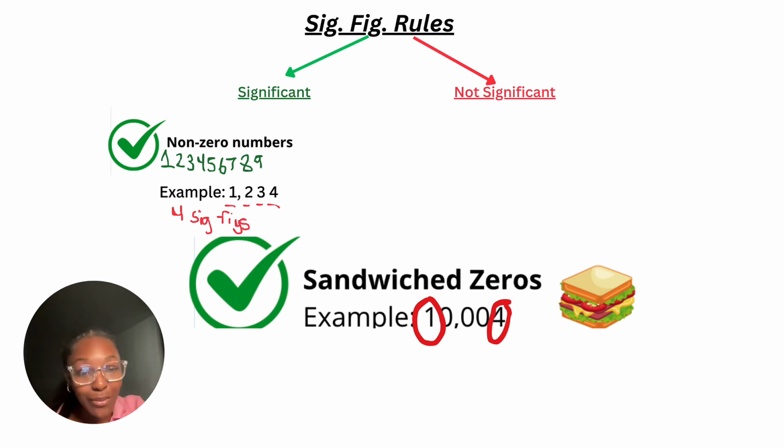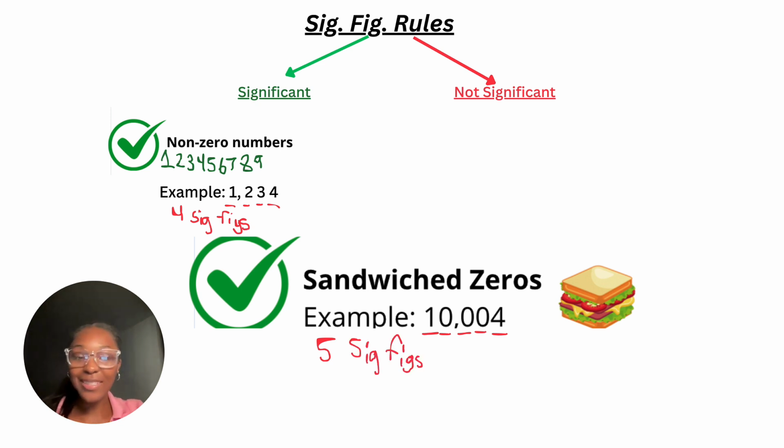And all of those zeros in the middle are sandwiched in between that 1 and the 4. So that means that all of those zeros are significant. So we're going to count each single digit because all of them are significant. So 1, 2, 3, 4, 5. So here in this example, this number 10,004 has 5 significant figures.